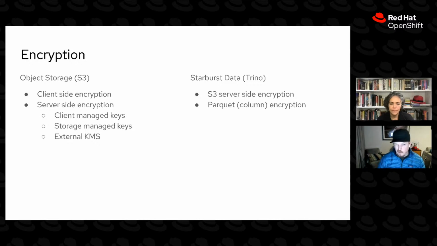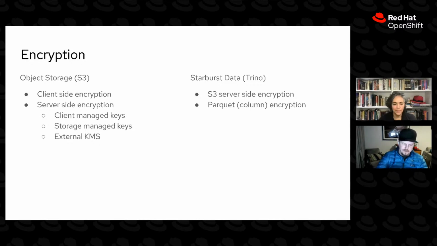There are three different varieties of how keys are managed. You can manage the keys yourself. So whenever you do a request, you tell S3 to encrypt or decrypt the object with the key. The key is included in the request, which is why S3 makes the use of HTTPS mandatory, for obvious reasons.